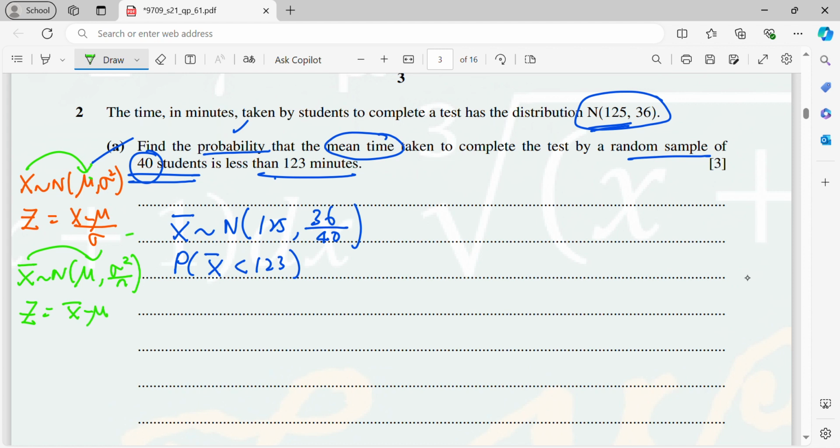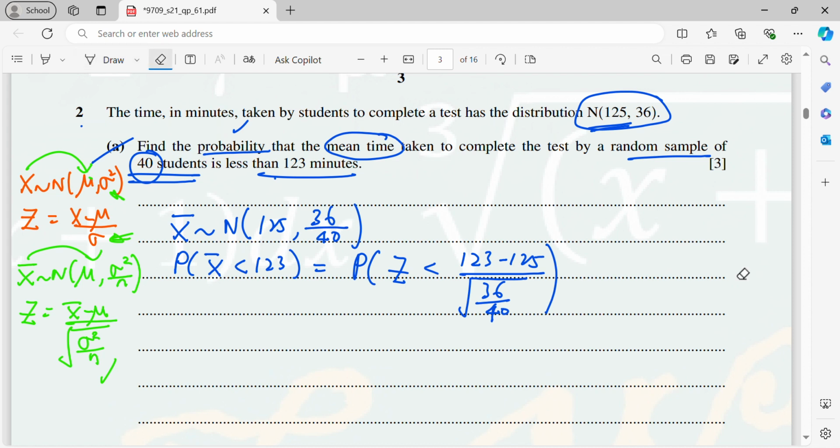The sigma here is basically the square root of the variance, so it becomes the square root of sigma squared over n. This is the formula that we are using now. That means this is going to be P(z less than 123 minus 125 over the square root of 36 over 40).